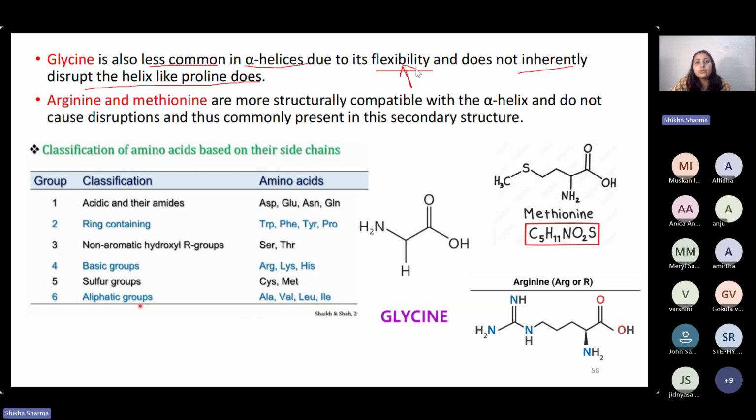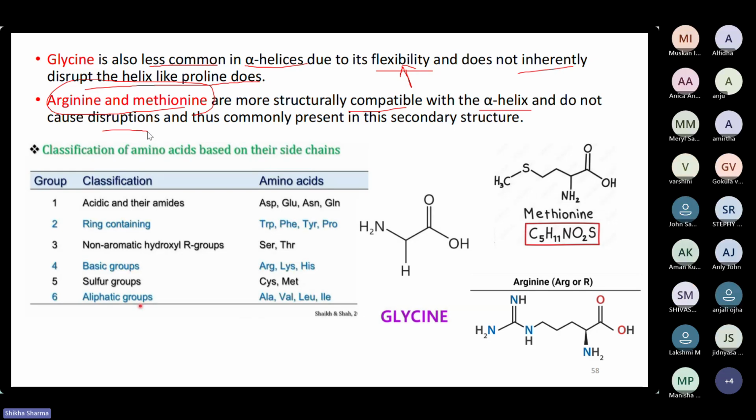Because of that flexibility, glycine is less likely to form an alpha helix, whereas arginine and methionine are structurally compatible with the alpha helix structure and do not cause disruption, so they can exist in secondary structures like the alpha helix. So this is the glycine molecule.